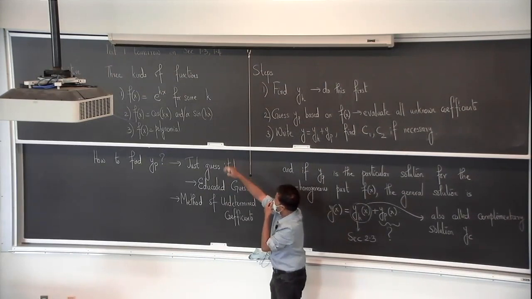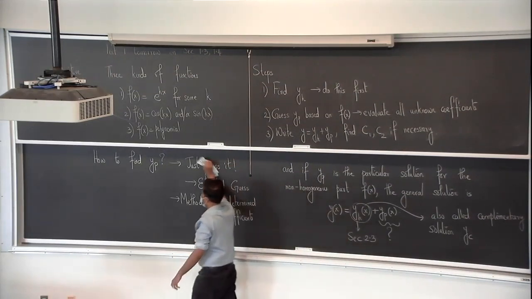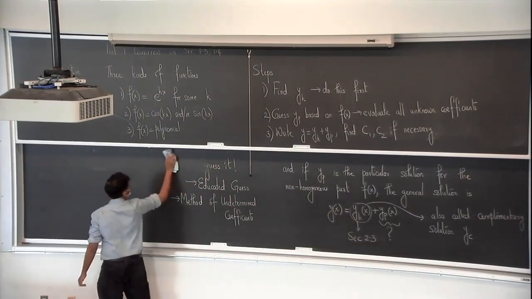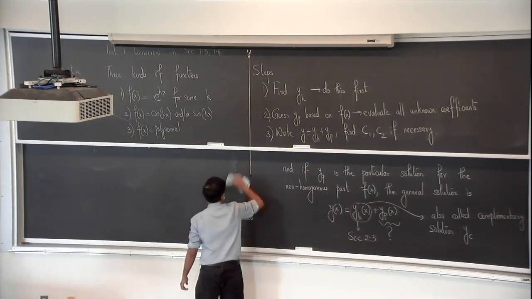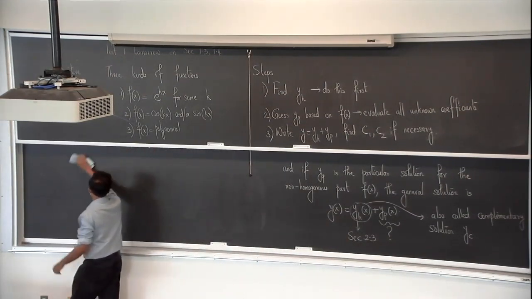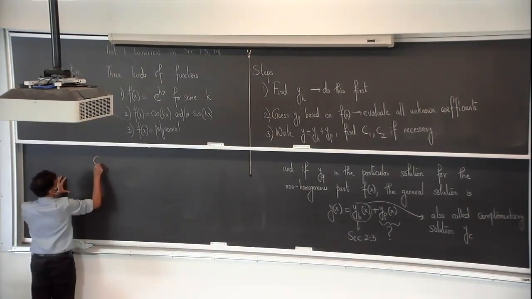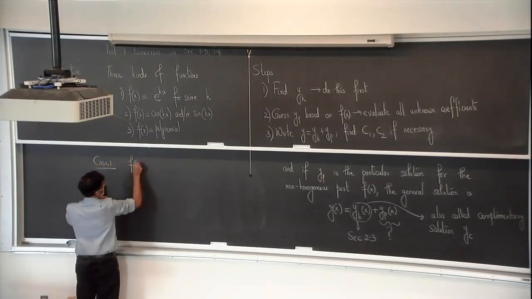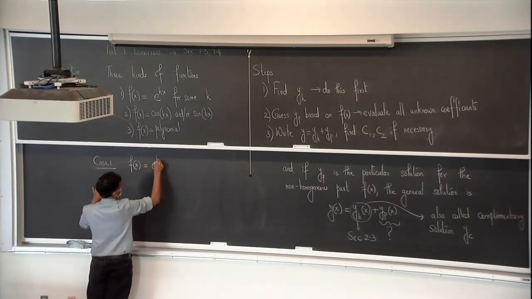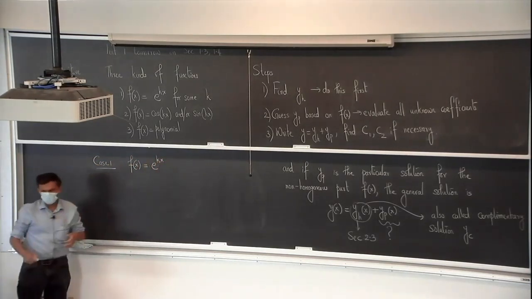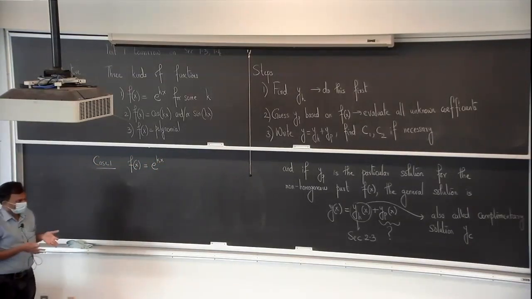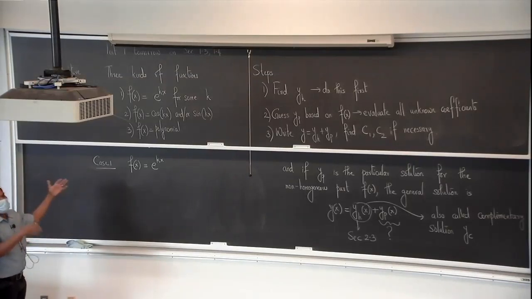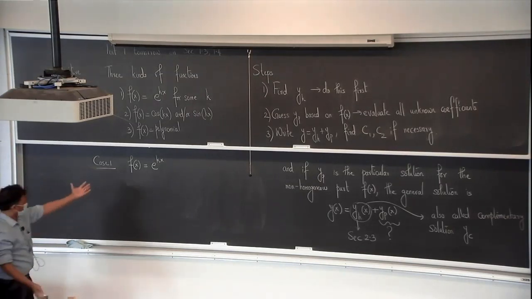Let's start with the first class of functions, the exponential function. So case 1, f of x equal to e to the power of kx. This educated guess is just based on the fact that if it is exponential, the guess should also be exponential. There is no reason to think about any other function at this point, right?